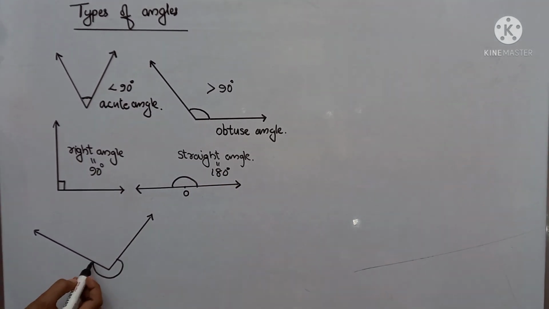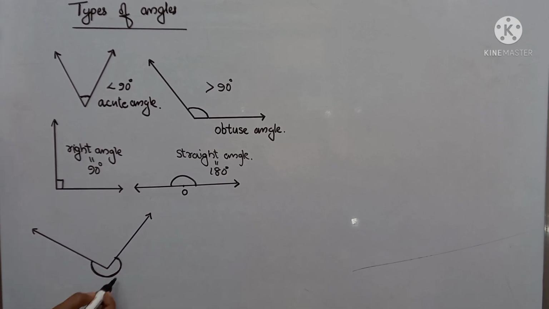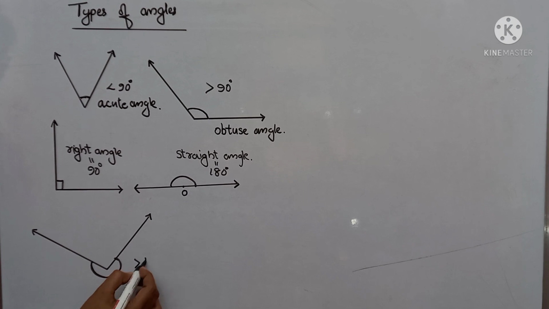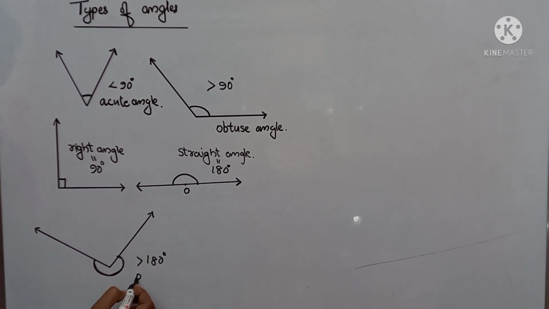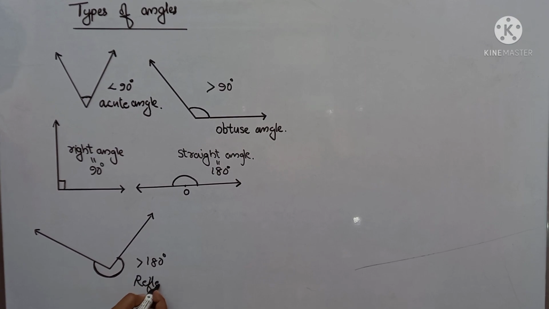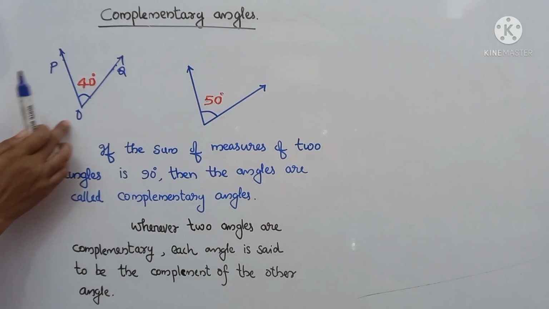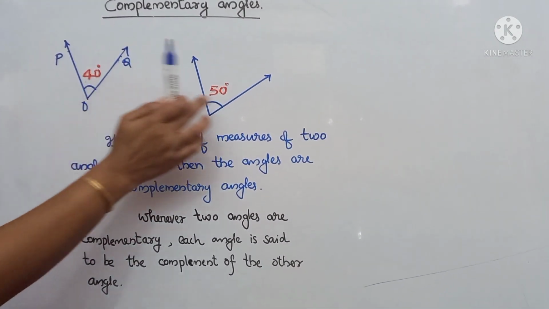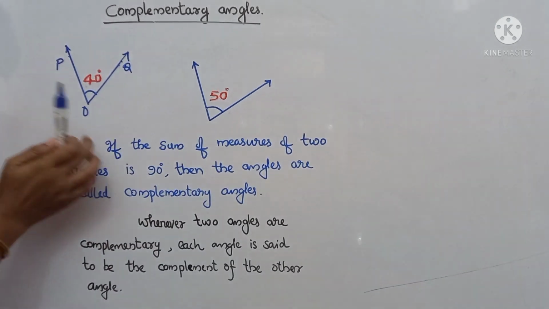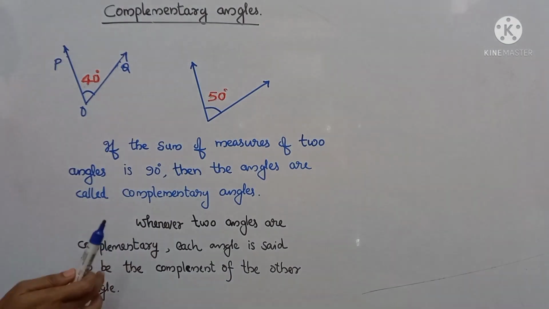Here you can see this part. This is the angle, and it is greater than 180 degrees. This angle is called a reflex angle. Next is complementary angles, and here I have drawn two angles. One is 40 degrees and another one is 50 degrees. These are complementary angles because the sum of the measures of these two angles, 40 plus 50, is equal to 90 degrees.